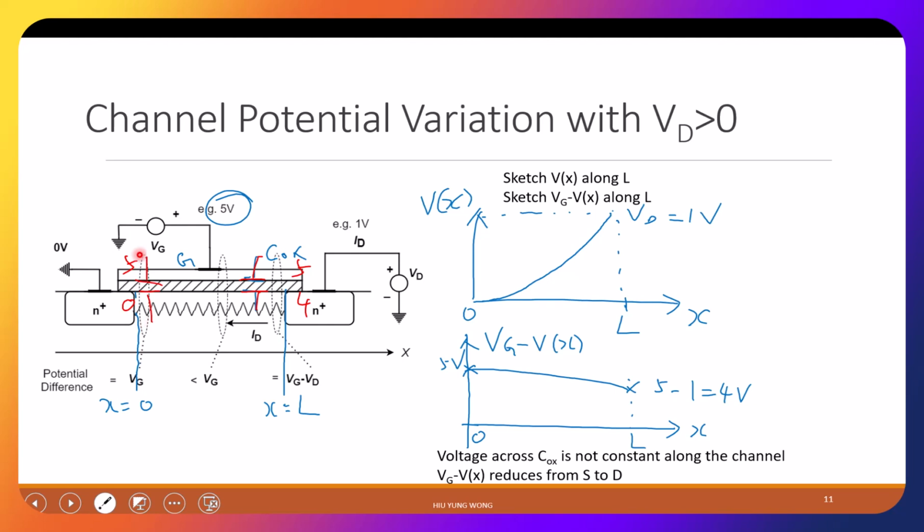The capacitor on the left has a 5 and 0 difference. The capacitor on the right has a 1 and 5 difference, smaller potential difference on the drain side. Make sense? Any questions?